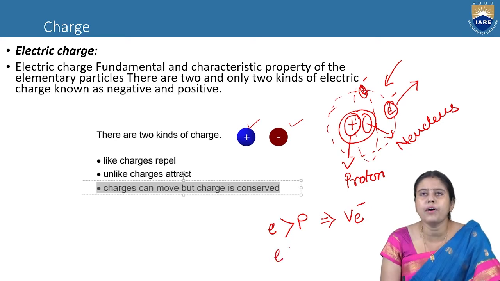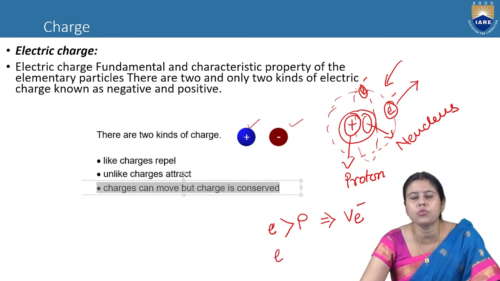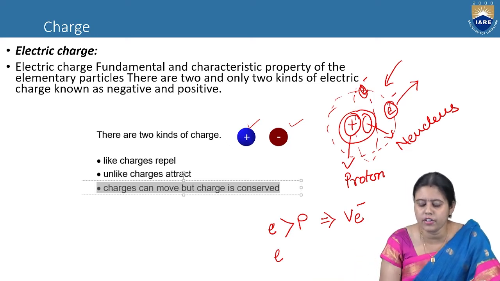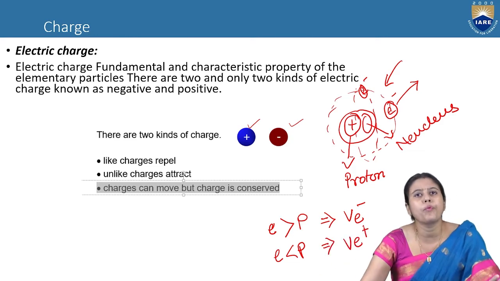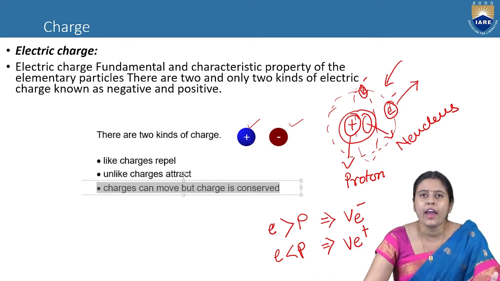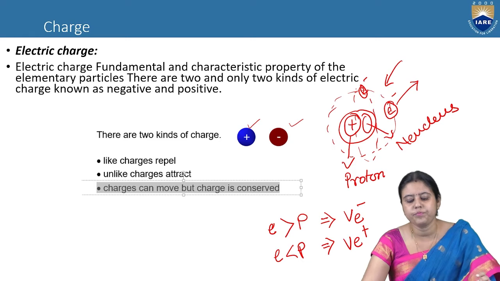If electrons go out from the atom and the number of electrons is less than the number of protons, we call it positive charge. The proton number is always constant. Deficiency of electrons means positive charge, and addition of electrons means negative charge.